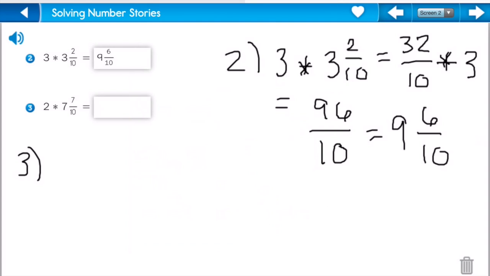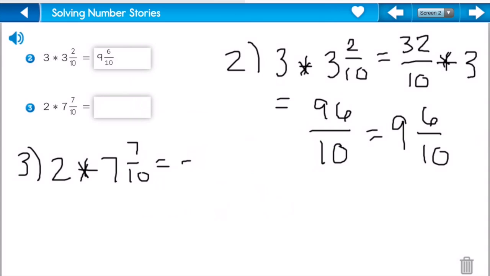Same thing over here. We'll separate this one out. You guys can do whichever way you feel more comfortable with. So we'll do this one a different way.